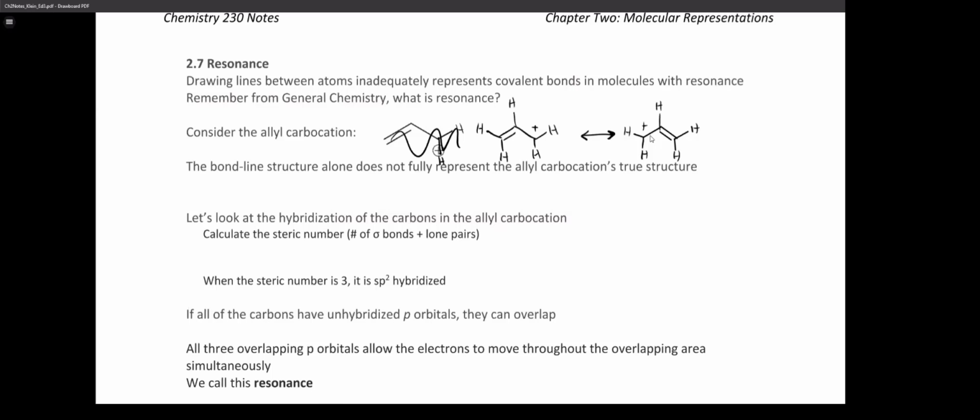Localized means stuck in one place. But these two electrons in this pi bond are delocalized. They can be here between these two carbons, or they could be here between these two carbons. We could also say the positive charge is delocalized, because I could draw it on this carbon or on this carbon.